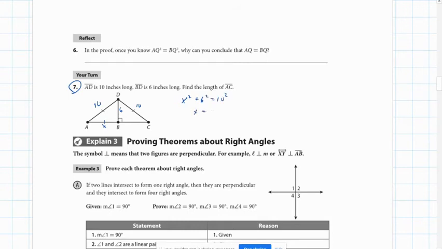So x squared is equal to 100 minus 36, which is 64. So x equals 8. And since that's 8, then that has to be 8. And the reason why we know that is because if these two are equidistant, then it must be on the perpendicular bisector. And so now we can see that AC is 16.